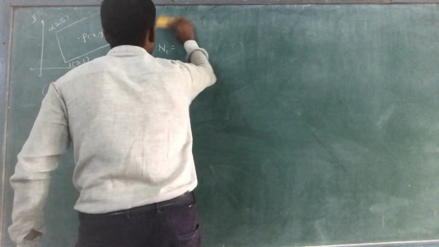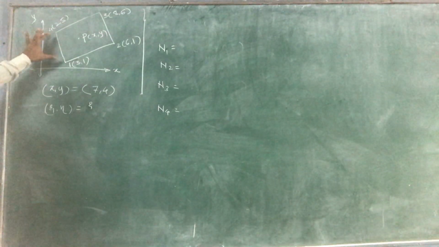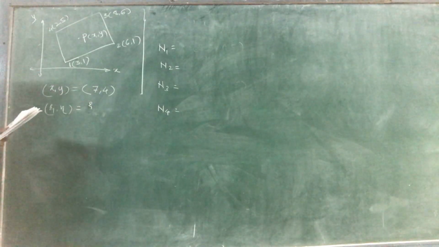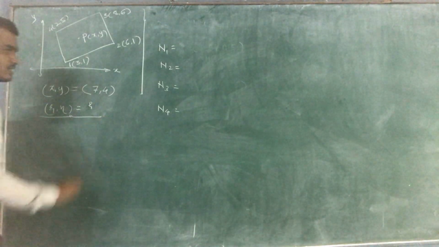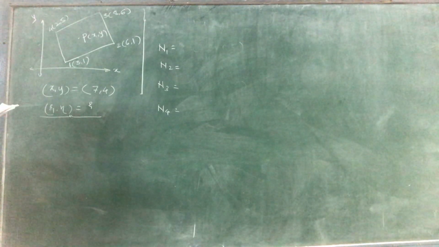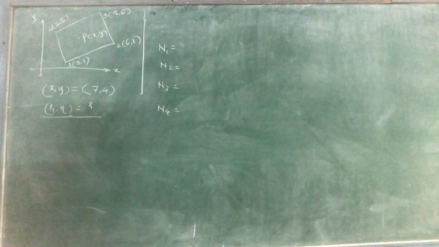Here the example is given like this. For the isoparametric quadrilateral element shown in the figure, determine the natural coordinates, meaning determine the zeta and eta values, for the point P which has Cartesian coordinates equal to 7, 4.